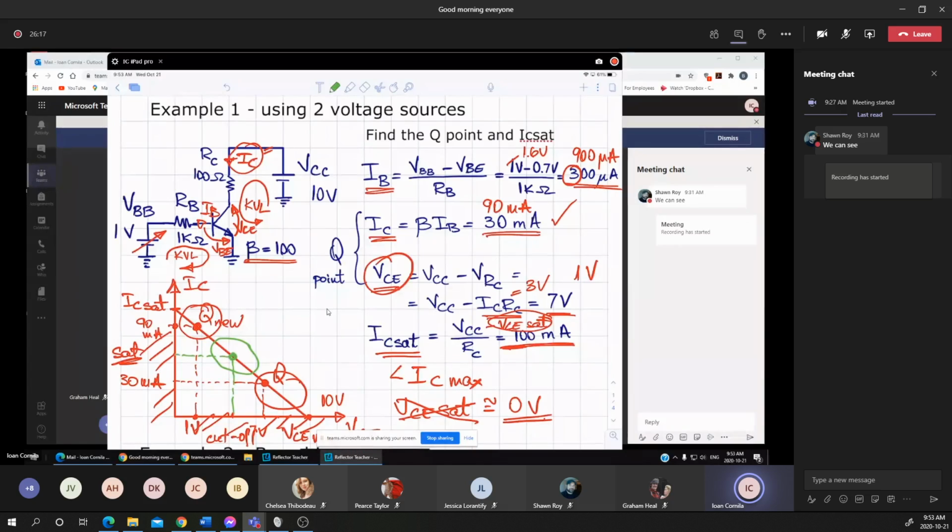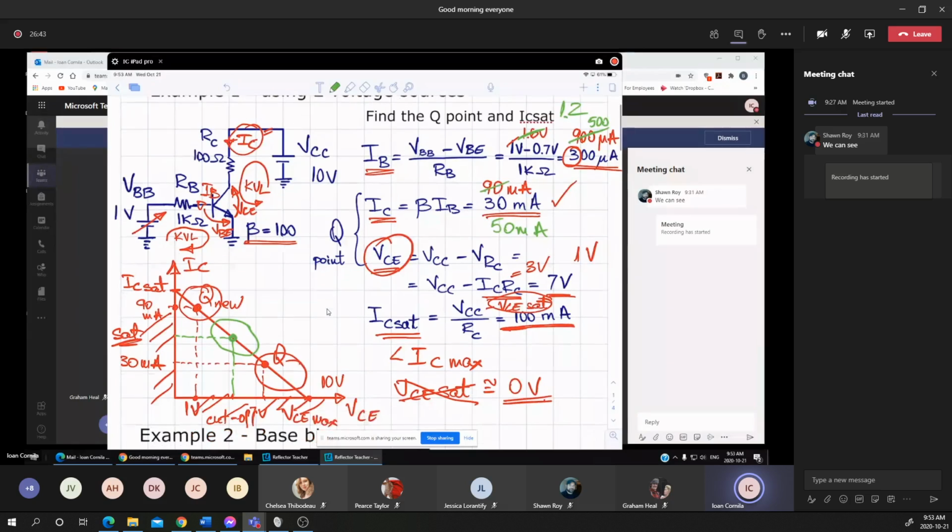That means I have to change the supplied voltage instead of 1.6. That's why I'm going in reverse. I will choose 1.2, which makes the base current 500 microamps, which makes the collector current 50 milliamps.